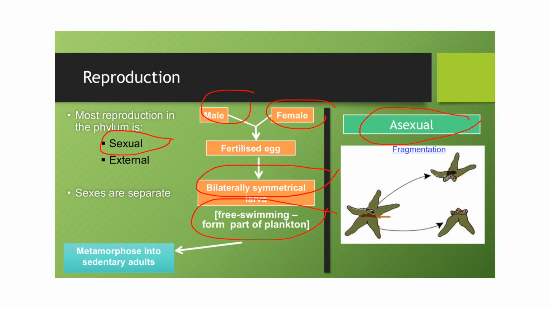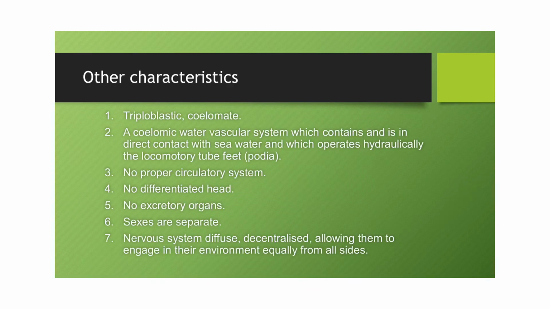For asexual reproduction, they can do budding, and fragmentation of the body of the echinoderms can later regenerate to produce new individuals.